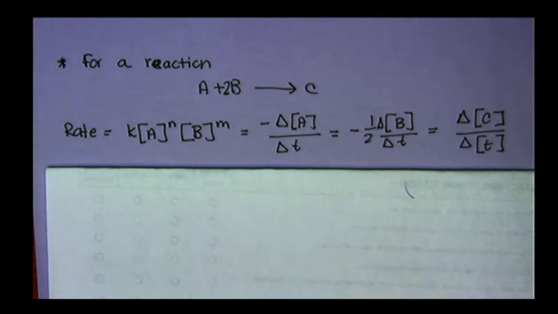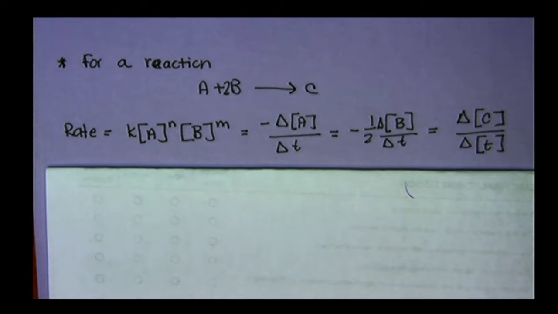So whatever the coefficient, you put it on the denominator. And since rate of change is final minus initial, if you're a reactant, your final is going to be less than your initial, so it's going to be negative. But there's no such thing as a negative rate. So you account for the reactants' change over time being negative by making that negative.